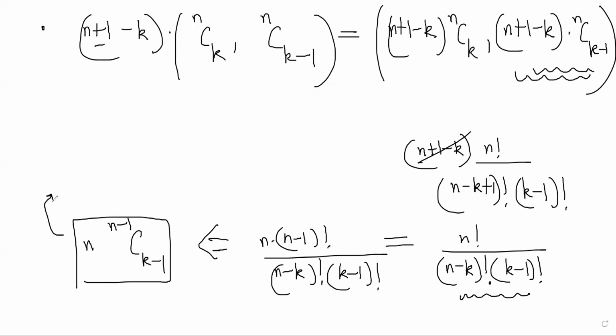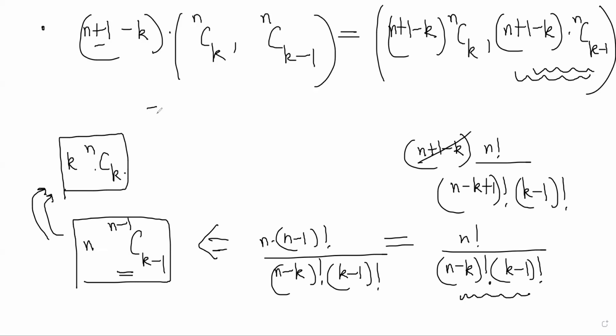And from the previous identity, we know that that is k times nCk. The identity which connects nCk and n-1 Ck-1 is nCk equals n by k into n-1 Ck-1. So therefore, n times n-1 Ck-1 must be equal to k times nCk.